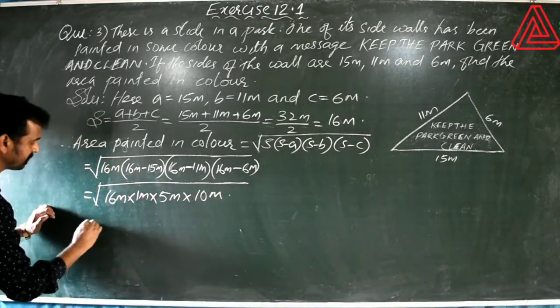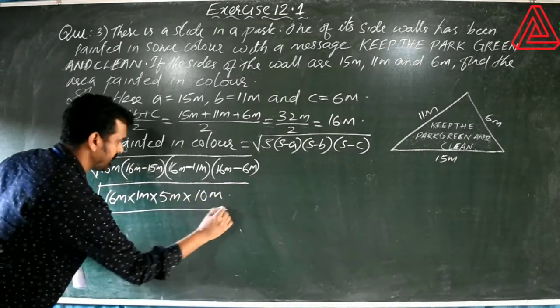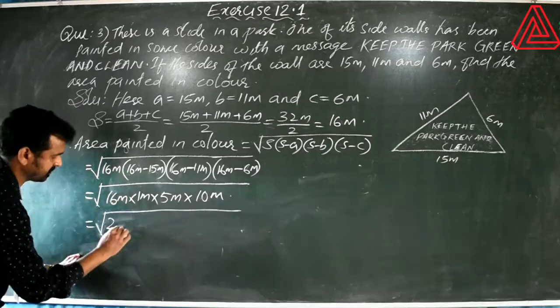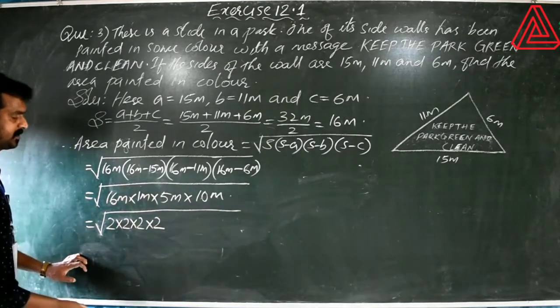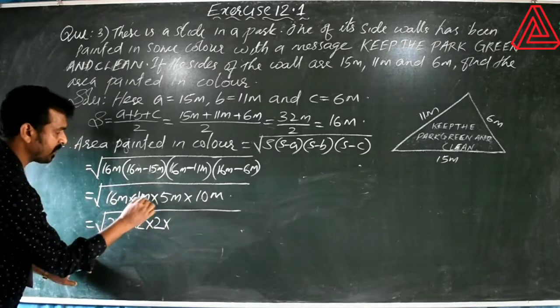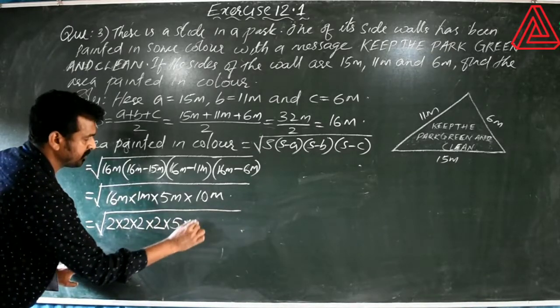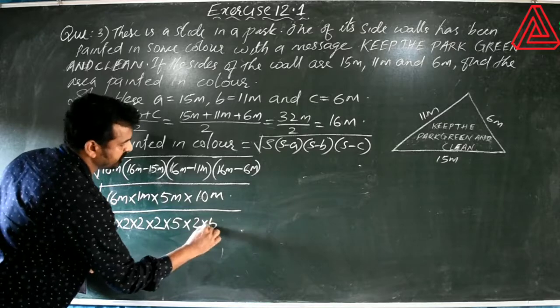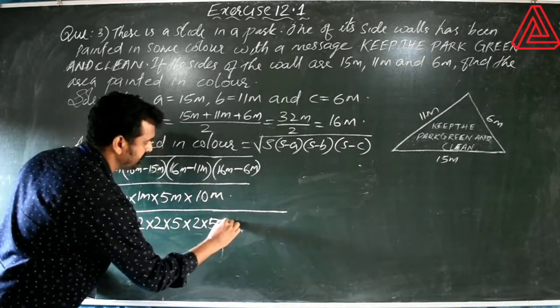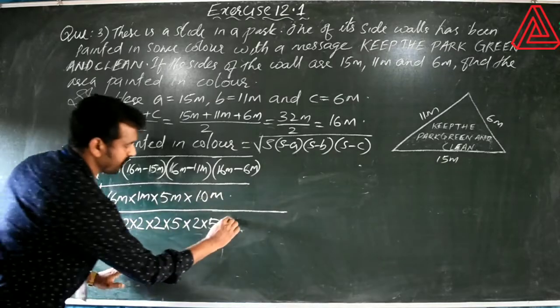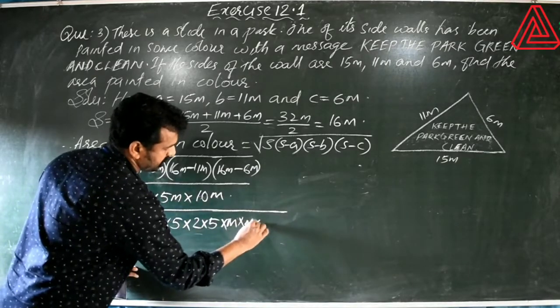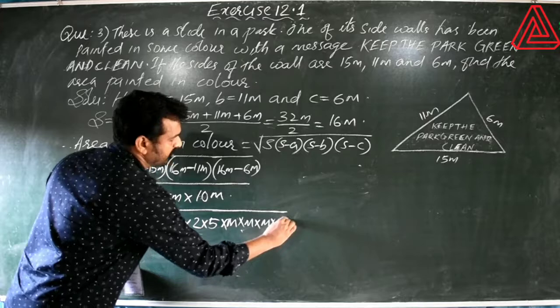Then that is equal to square root of 16, we can write as 2 2s are 4, 4 2s are 8, 8 2s are 16, into 1 into 5, 5 into 10 we can write as 2 5s are 10, into meter into meter into meter into meter.